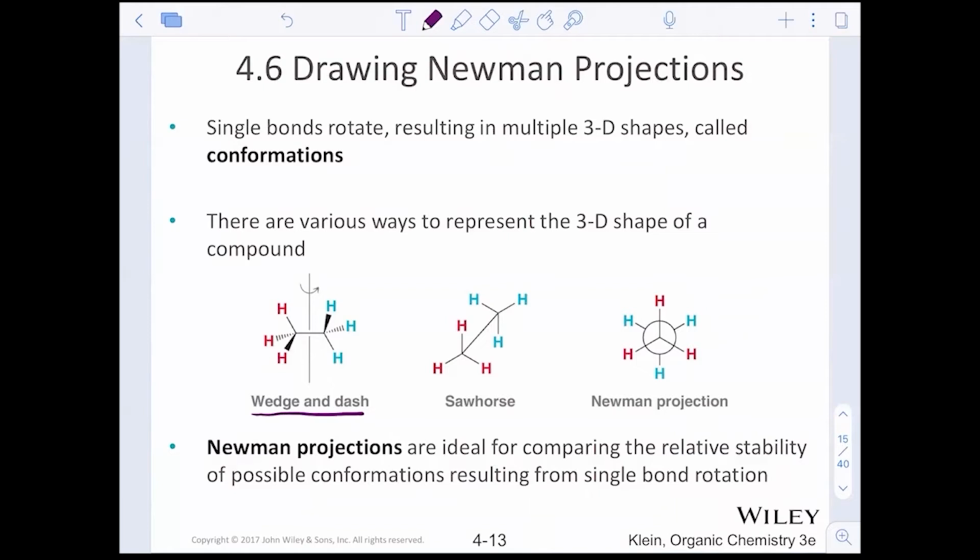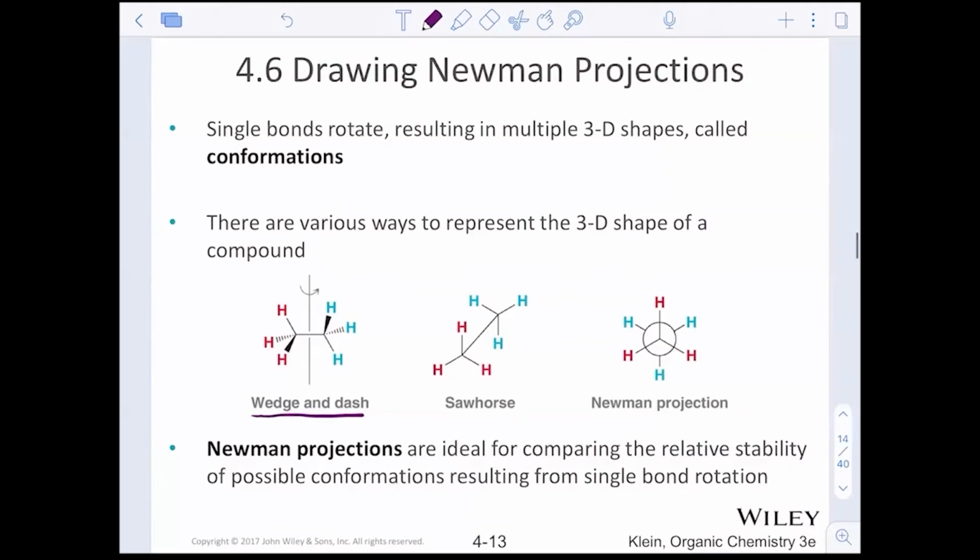There is something called the sawhorse, where just imagine starting to rotate around here so that we can start to view that center axis a little bit differently. It's like taking your sigma bond, this one right here, and starting to look down the sigma bond, not head on at the sigma bond like the wedge and dash. A Newman projection is when it's like we're a little stick person over here. There's me.